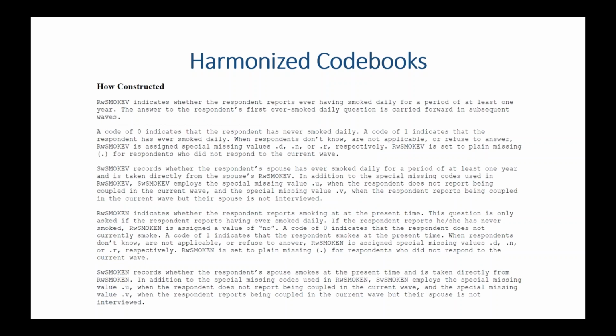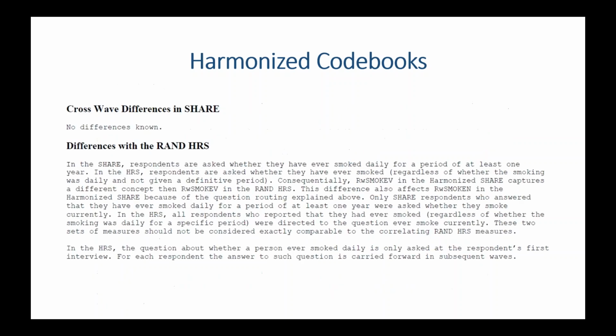So we walk you piece by piece through how this variable was constructed, what the skip pattern was that we accounted for, what each variable means, that a 0 is a yes and a 1 is a no, what these variables .d, .n, .r might mean. We highlight any crosswave differences.